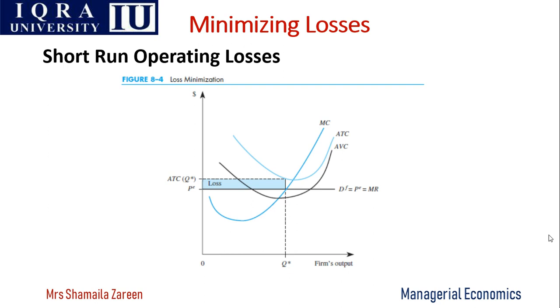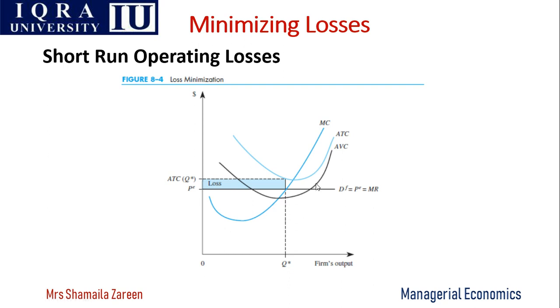Therefore, the firm would not earn zero economic profits if it shut down, but will instead realize a loss equal to these fixed costs. This is the loss, and you can see that this is the average cost curve, and this is the average variable cost curve, and the difference between both is the fixed cost.